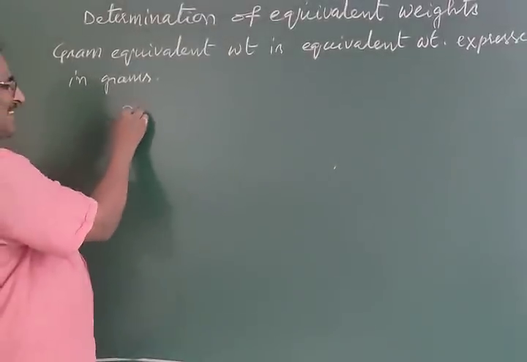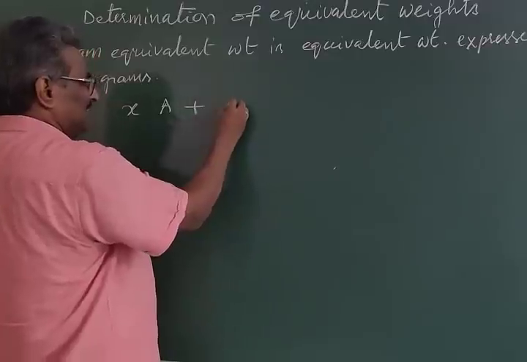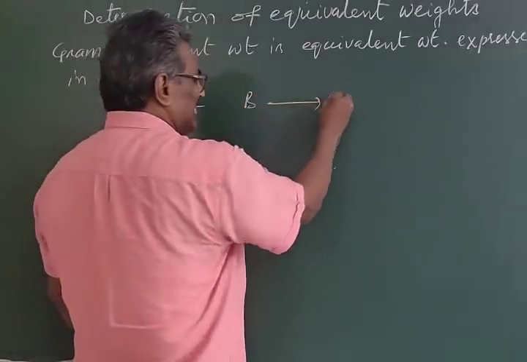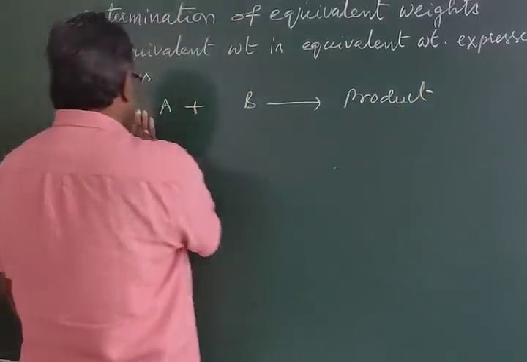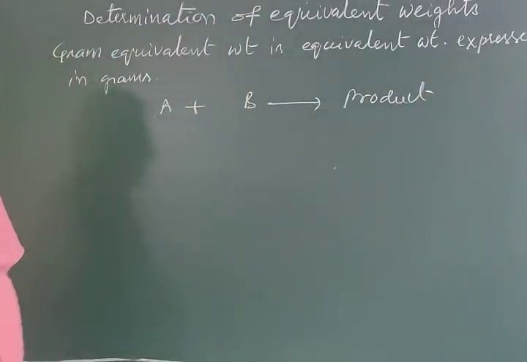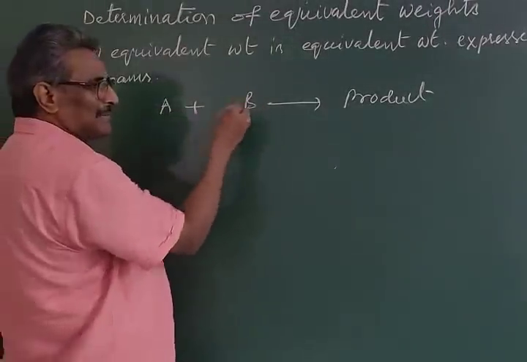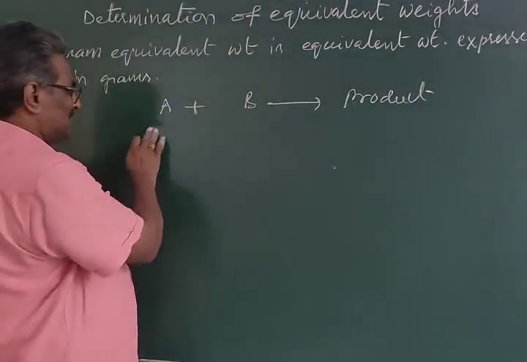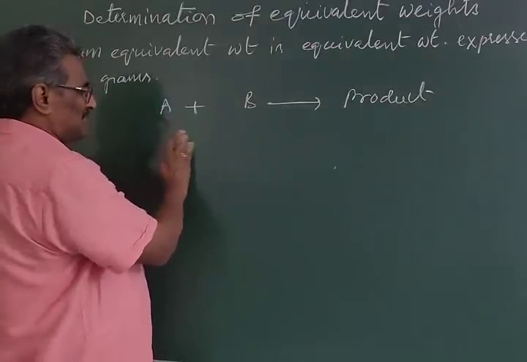Suppose X equivalents of A combines with B to give products. The mole ratio may be different, but the equivalent weight ratio will be 1:1 only.